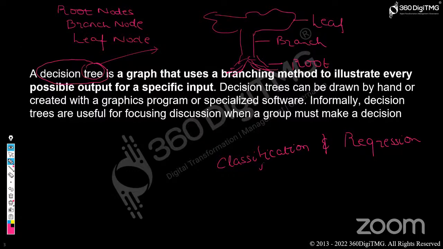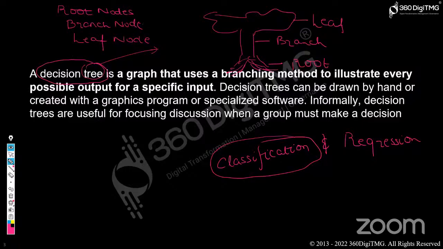As we know, a decision tree can be used for both classification and regression problems, but mostly it is preferred for solving classification problems. It is a tree-structured classifier where internal nodes represent the features of a data set, branches represent the decision rules, and each leaf node represents the outcome.